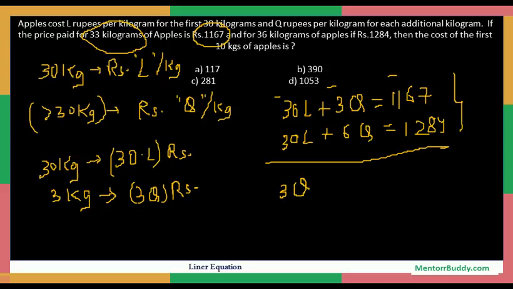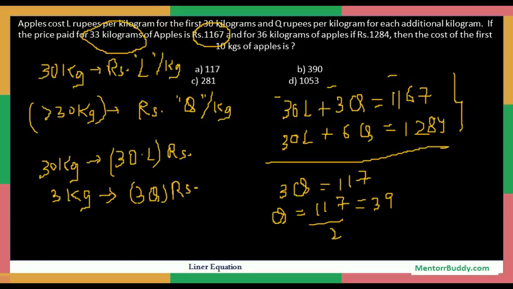So 3Q is equal to 1284 minus 1167, and that will be equal to 117. Solving this, Q will be equal to 117 by 3, that will be equal to 39. So the value of Q I'm getting here is 39.